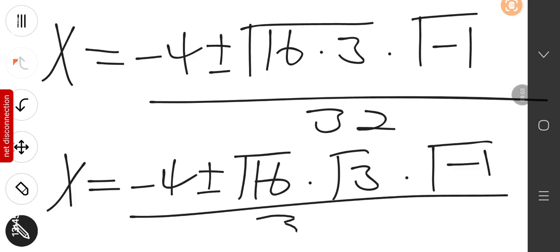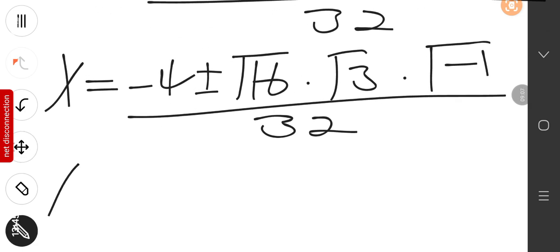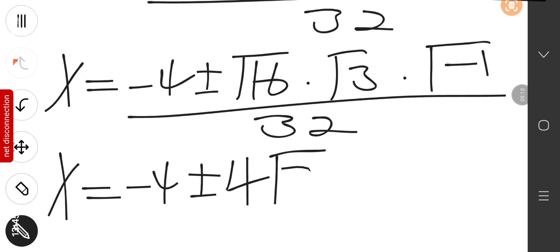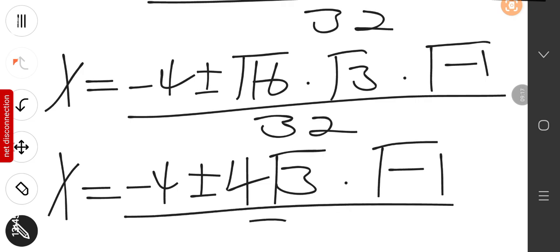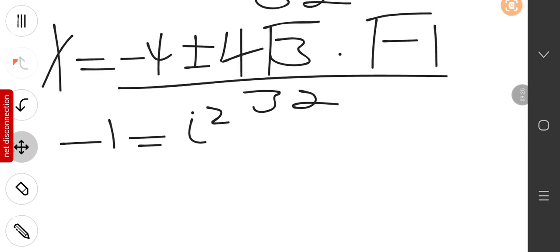All right, so our equation becomes x equals minus 4 plus or minus the square root of 16 is 4. So you have 4 root 3 times the square root of minus 1 all over 32. All right, now we know that minus 1 is the same as i squared. Okay, so in place of minus 1, we can write i squared.